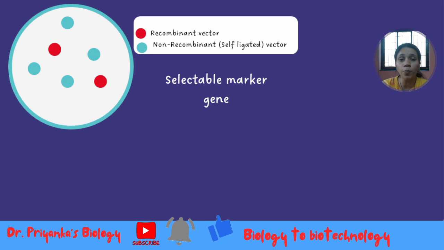From this smaller proportion, we need to look for recombinant transformants. So we need some method which will help us distinguish between the types of cells. We have two things: selecting the transformants from non-transformants, and among the transformants, selecting the recombinant transformants from the non-recombinant transformants.